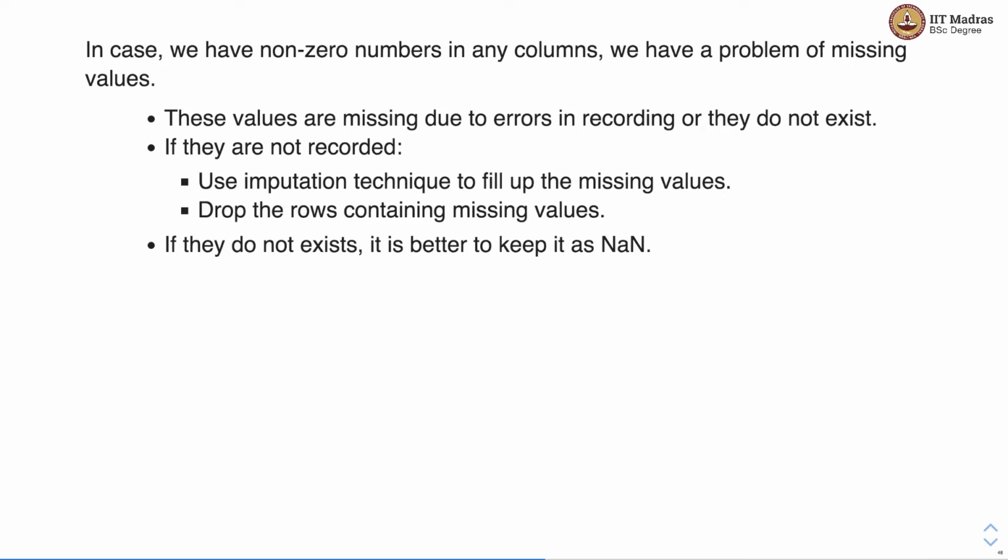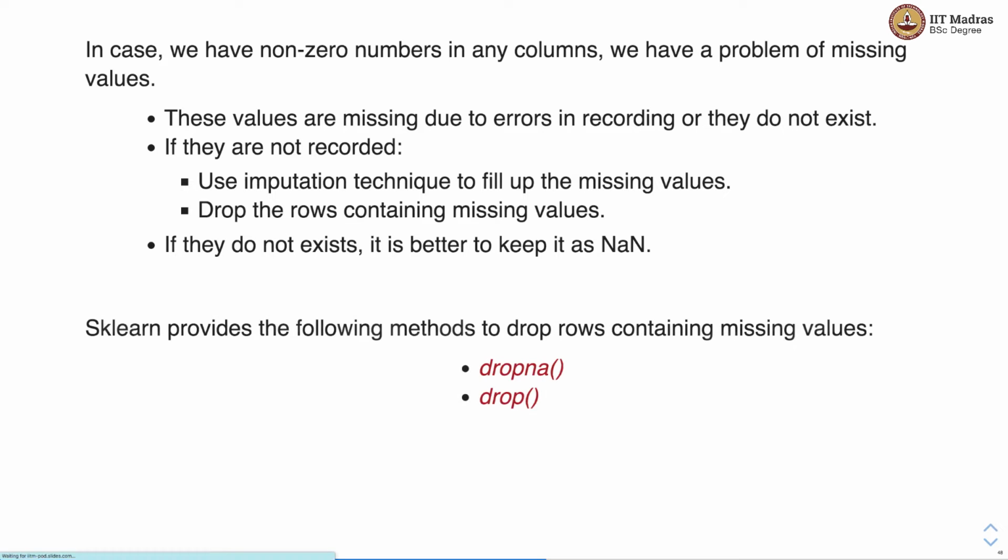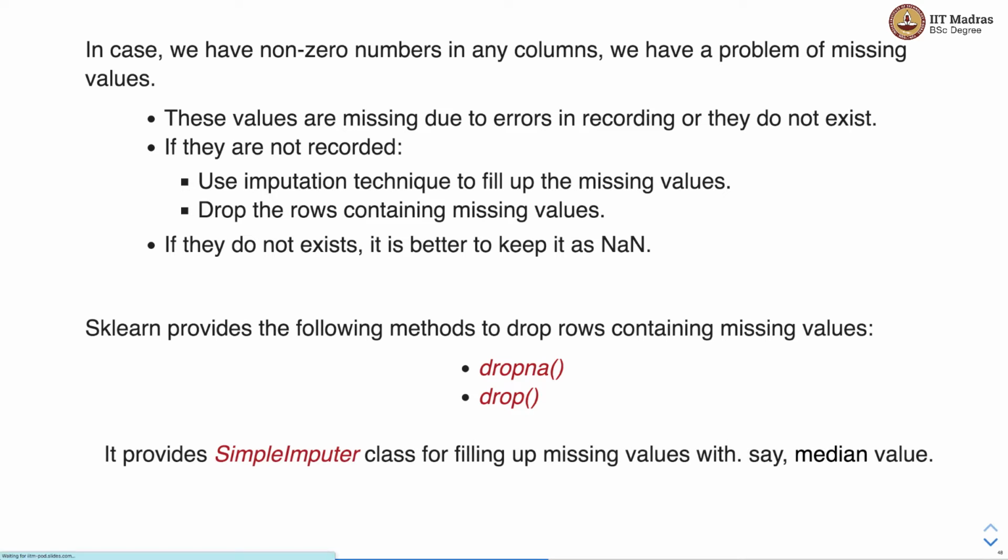If the values do not exist, it is better to keep them as NaN. scikit-learn provides a couple of methods for dropping rows containing missing values. We can call the dropna method or the drop method to drop rows containing the missing values.